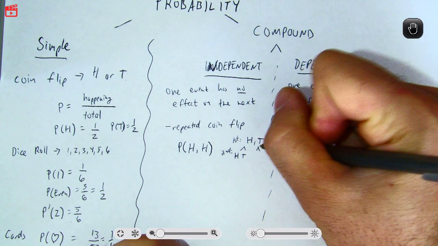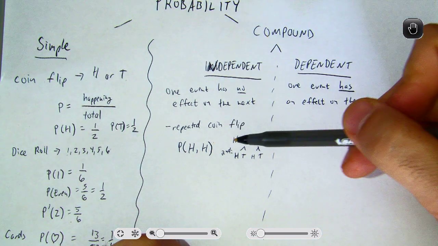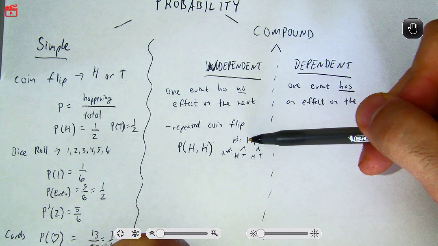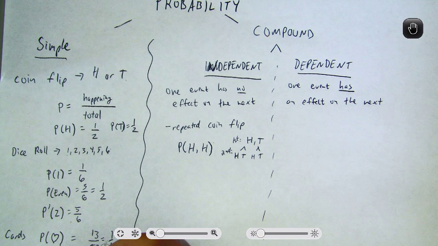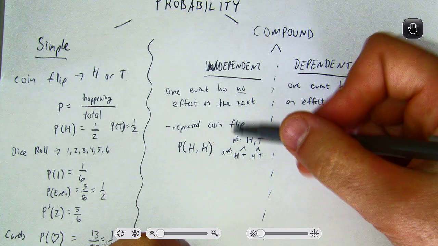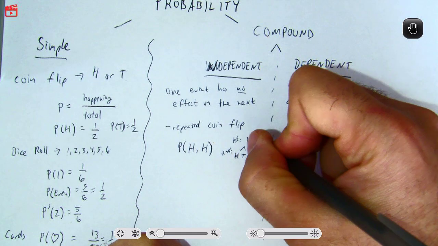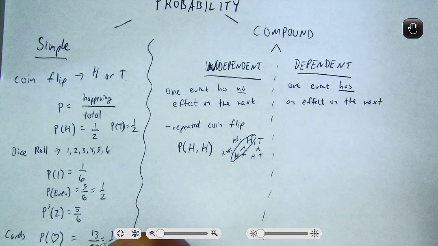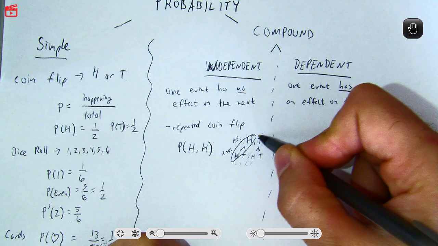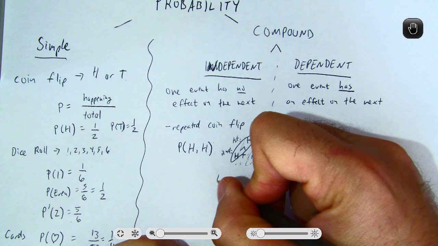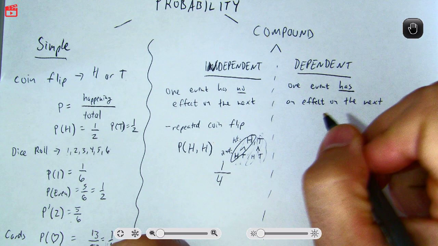From the first tails, I can get a heads or a tails. The thing that makes this independent, the first one, whatever I get, doesn't necessarily affect what I get from my second one. It doesn't make it more or less likely. I don't erase the heads when I get it. So the chances of me getting heads then heads are right here. That's 1 out of 1, 2, 3, 4. There are 4 potential outcomes, and one of them results in heads.